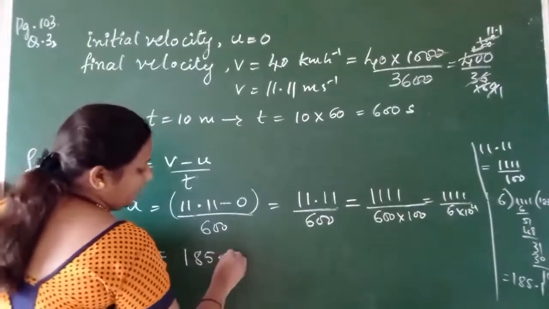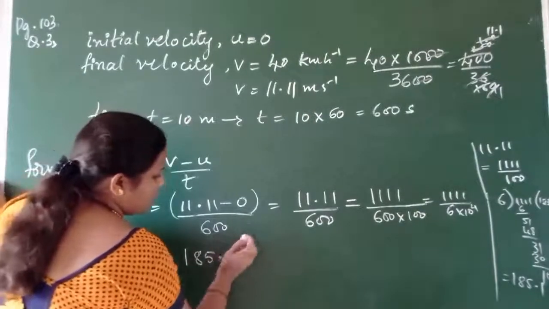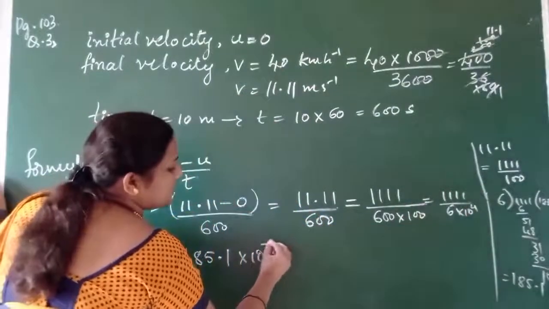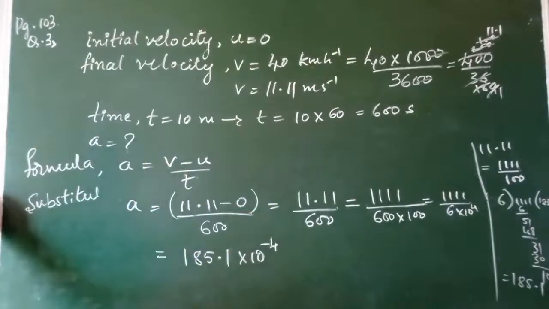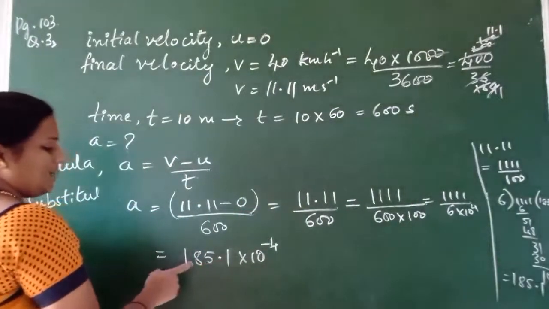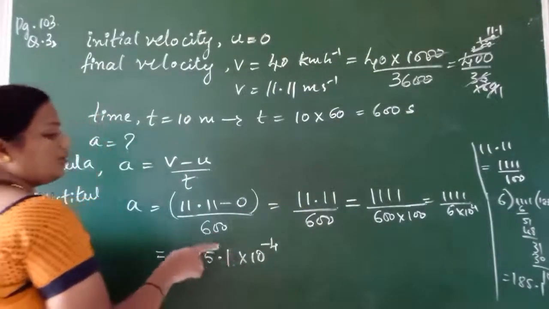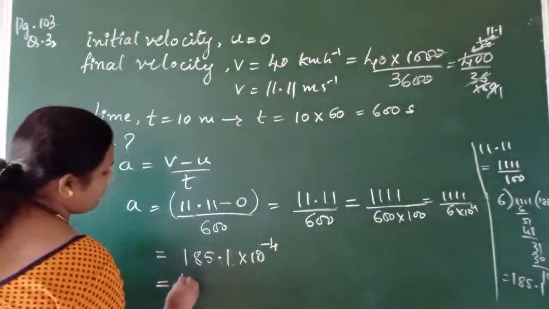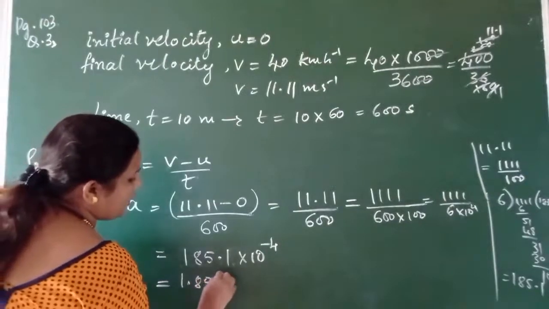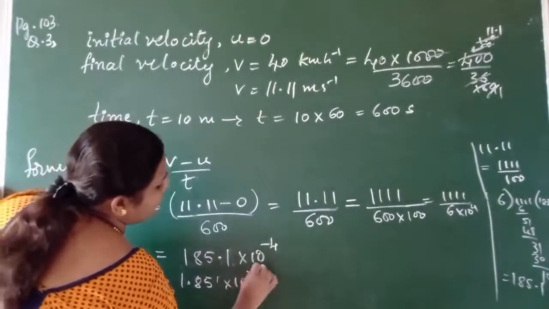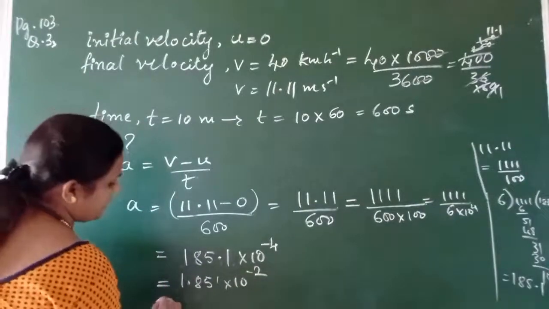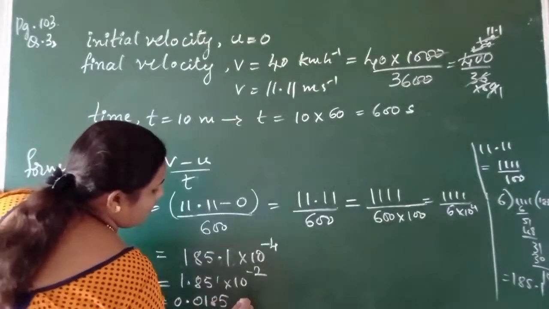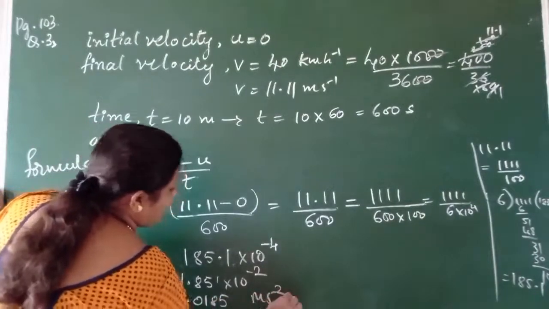185.1 into 10 to the power of, it goes to the numerator, means it changes its sign to negative, isn't it? So when you multiply 185.1 into 10 to the power of minus 2, you will get it as 1.851 into 10 to the power of minus 2, or even you can write it as 0.0185 meter per second square.